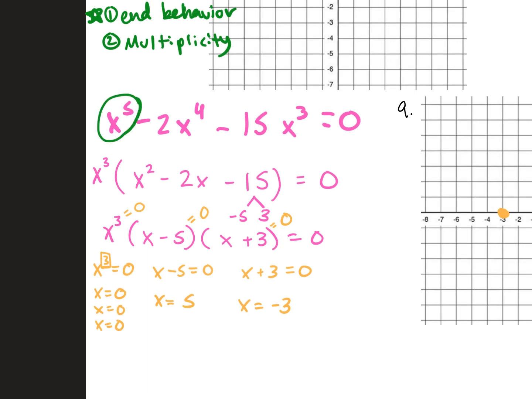X to the 5th power, we look at our highest degree term. Is 5 even or odd? Odd. So does that mean that they go in the same direction or opposite directions? Opposite directions. Now we need to talk about whether it's positive or negative. Is it positive or negative? Positive. There's no minus sign out front, so it is positive.